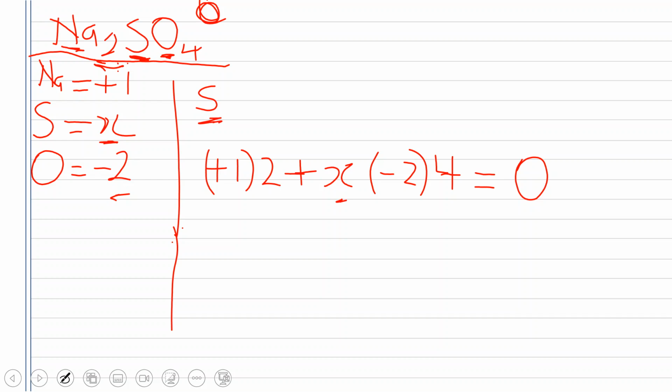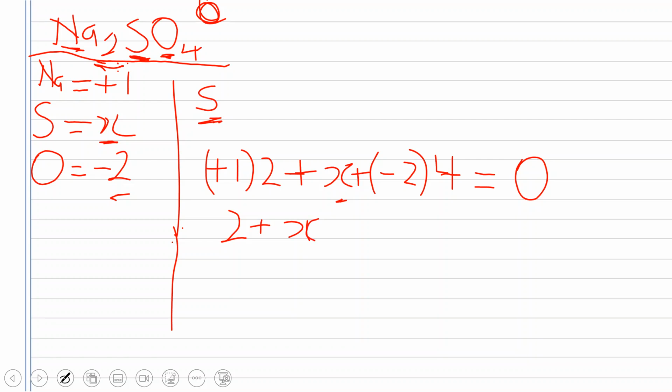This is common algebra. 2 times positive 1 is going to be 2. We have our plus. We have X here. Sorry, I should have brought a plus here because it's the sum. We're doing the sum, right? I have X here. So let's move on.